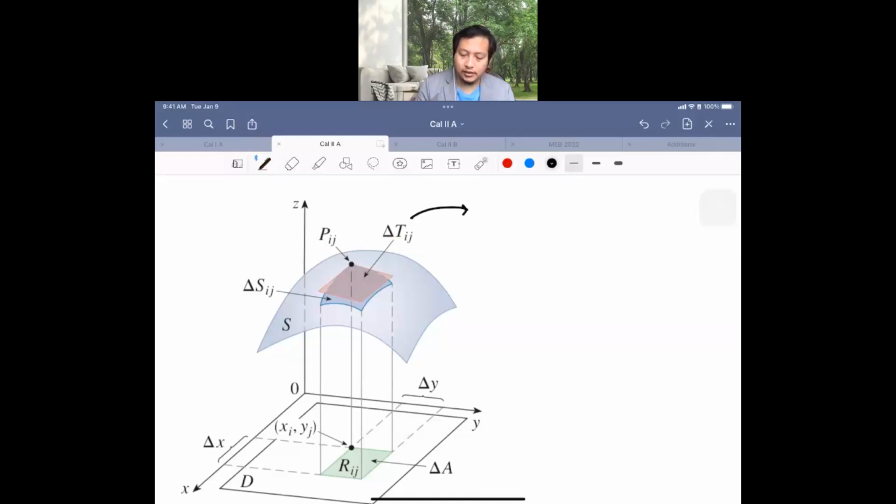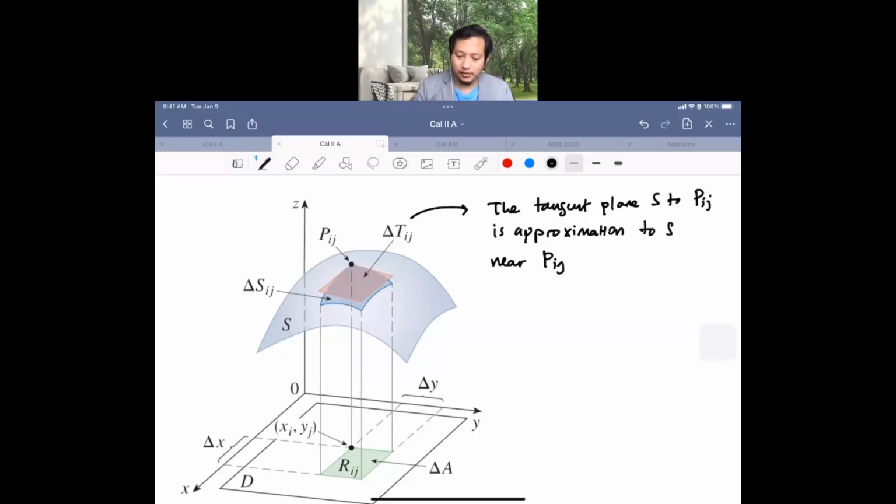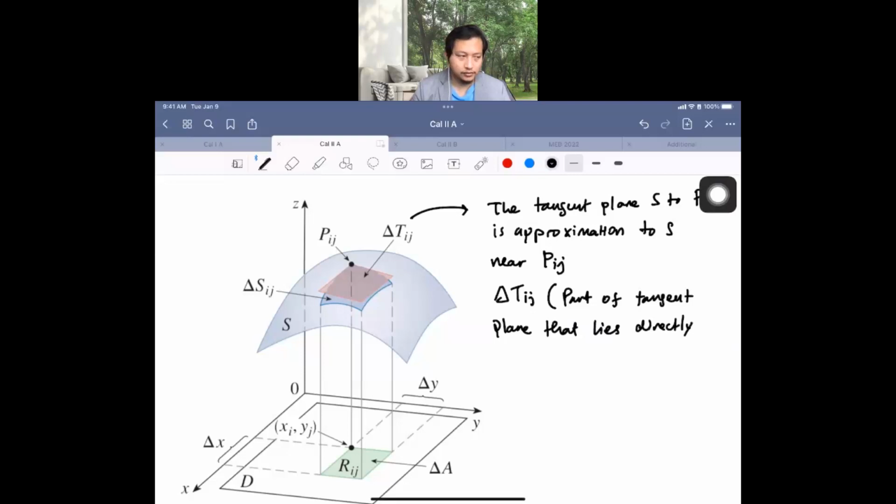Let me write here, that is the tangent plane at P. From the surface to the point P, it is an approximation to S near P. And the delta T is the part of the tangent plane that lies directly above the rectangle.